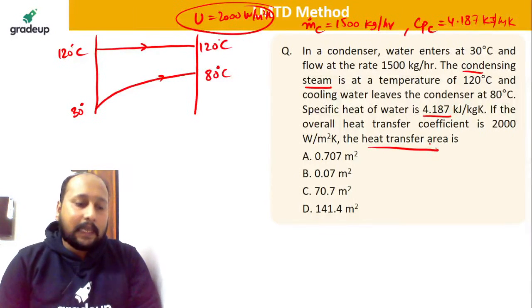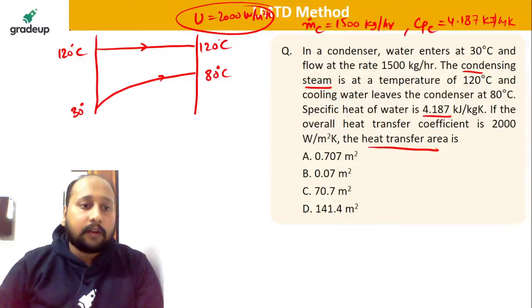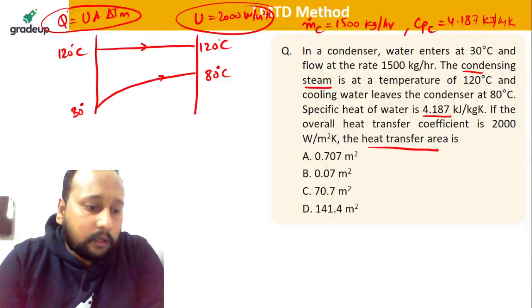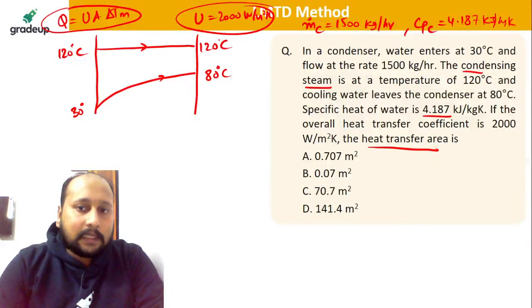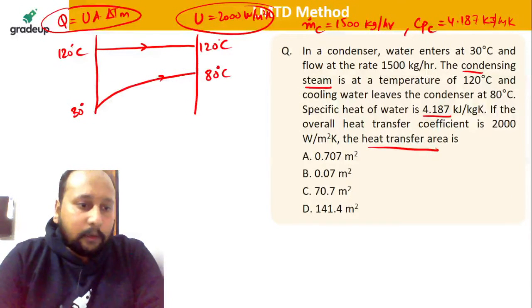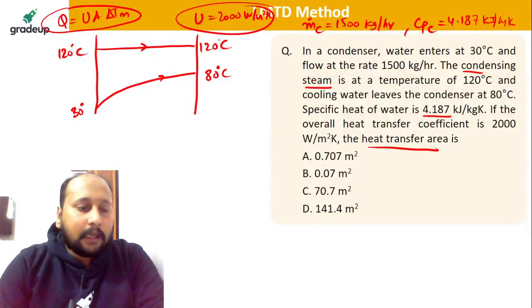How to calculate this area? Sir, I don't know that. If I knew the heat transfer, I can directly use Q is equal to U into A into delta Tm. I can calculate delta Tm, U is given, but how to calculate this Q? By looking at this given data, can you tell me how to calculate this Q, heat transfer?